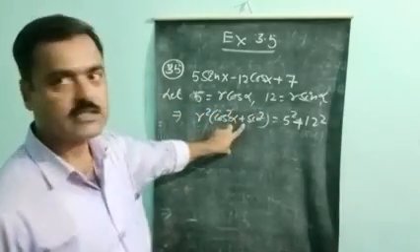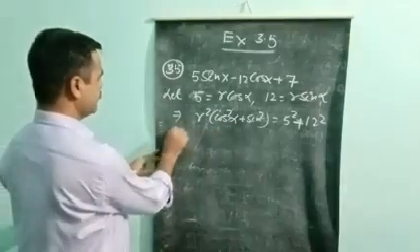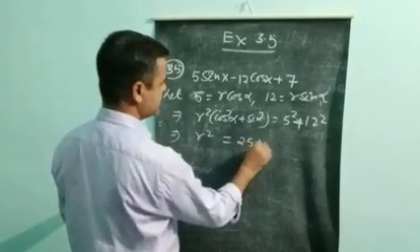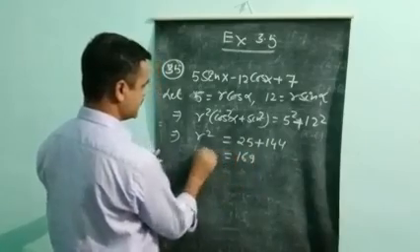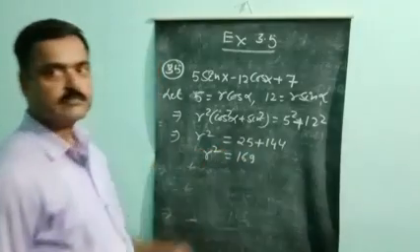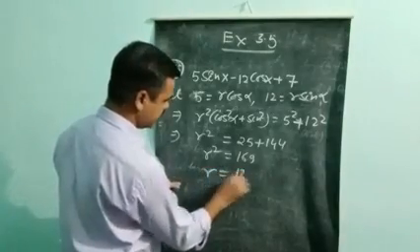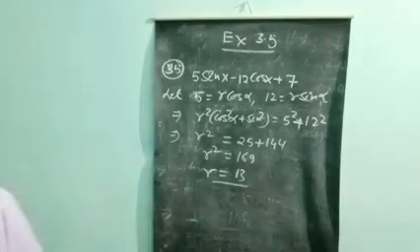Now you know cos square alpha plus sin square alpha equal 1. So this is equal to r square, 25 plus 144. This is 169 equal r square. Then r equal 13. This is the r. R is here 13.